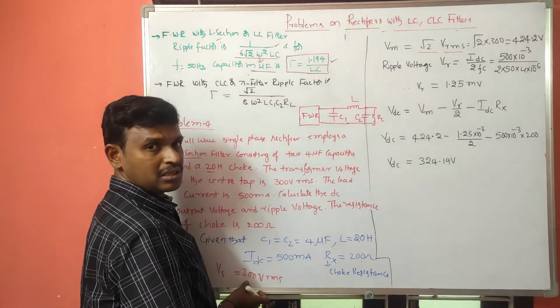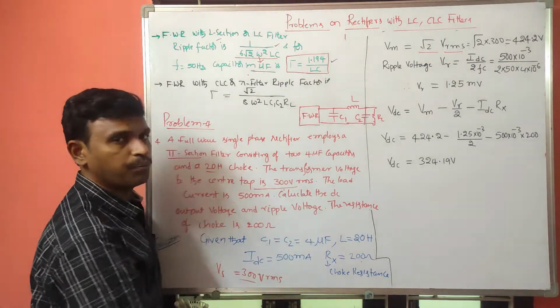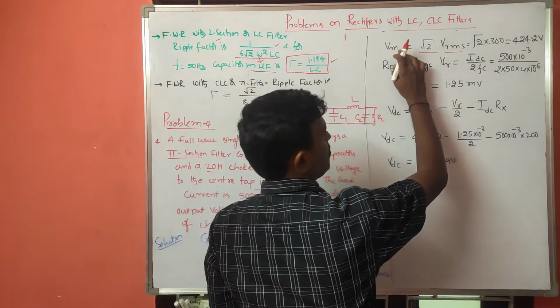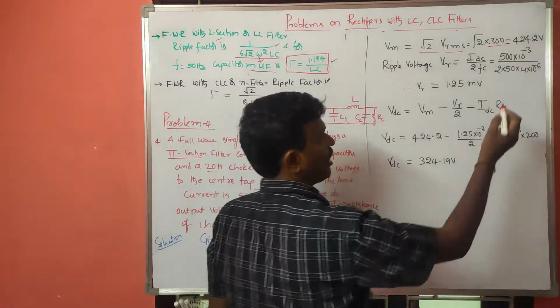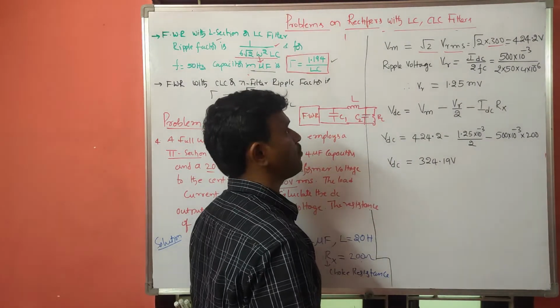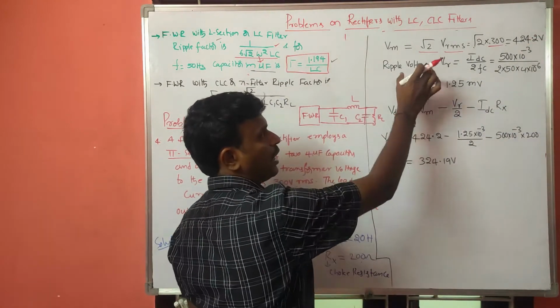Vrms is given as 300 volts. Substituting, Vm is equal to root 2 times 300, which gives us 424.2 volts. So Vm here is 424.2 volts.